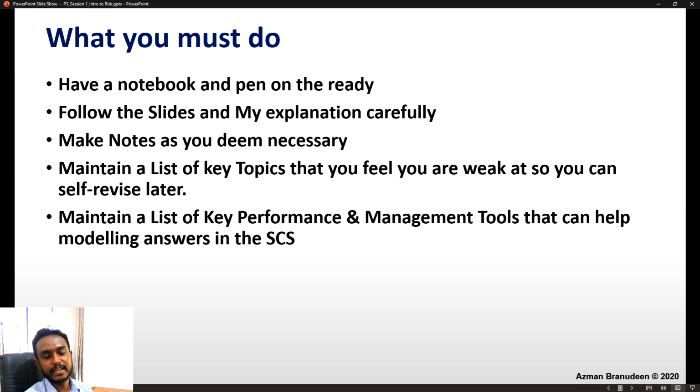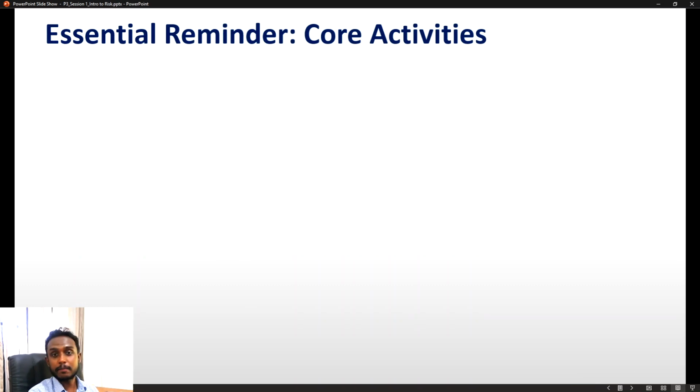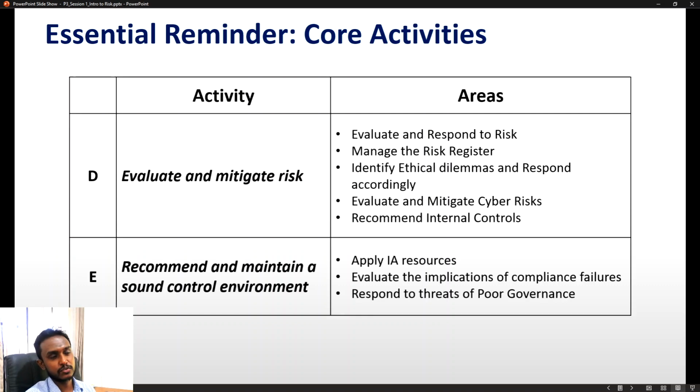Anyway, P3 is an area where we come across so many of such tools that we can use. And very important, a quick reminder on the core activities. As you know, you are tested on 5 core activities and your entire P3 syllabus focuses on the last 2. Among the 3 subjects, P3, E3 and F3, E3 and P3 are the 2 subjects where 2 core activities are tested.